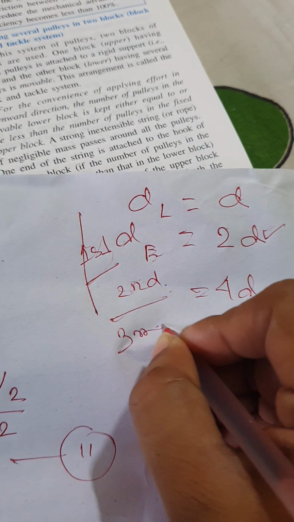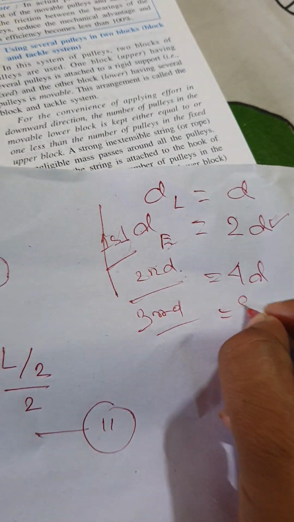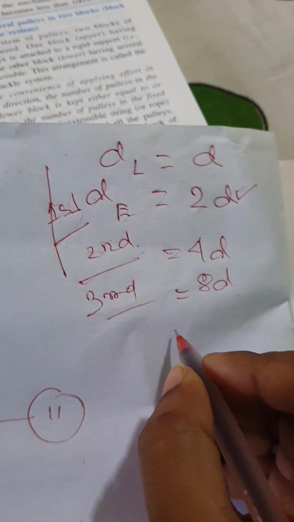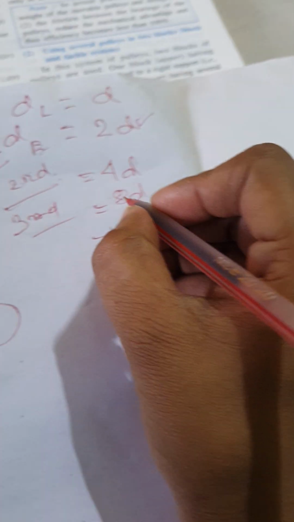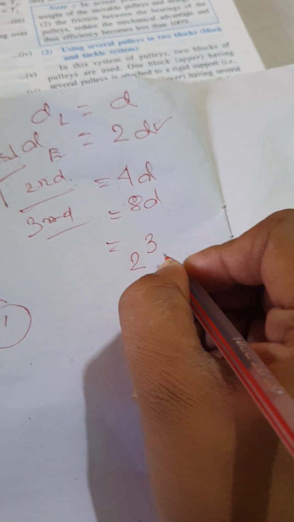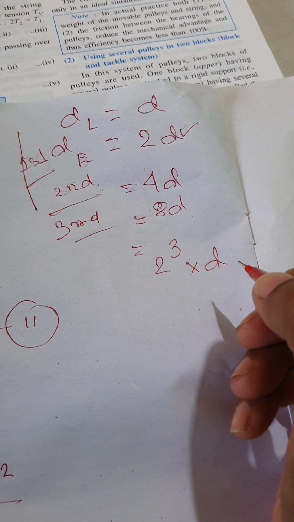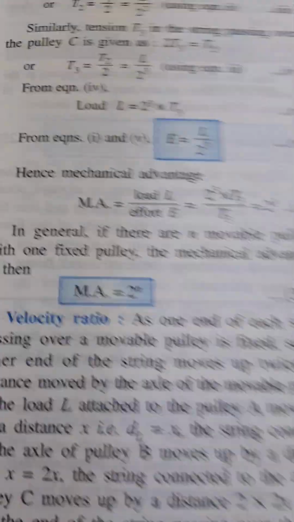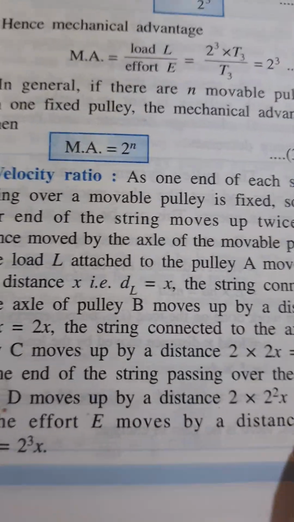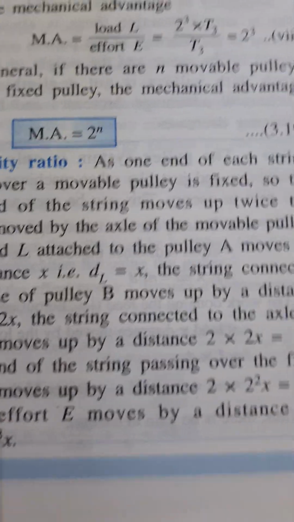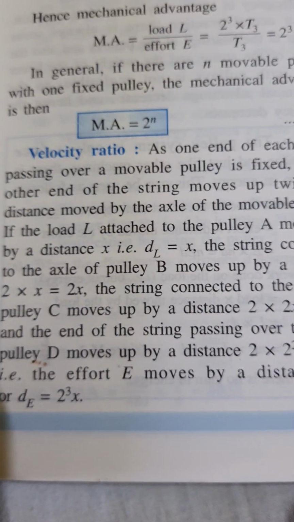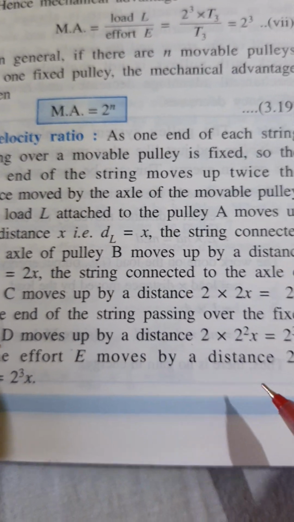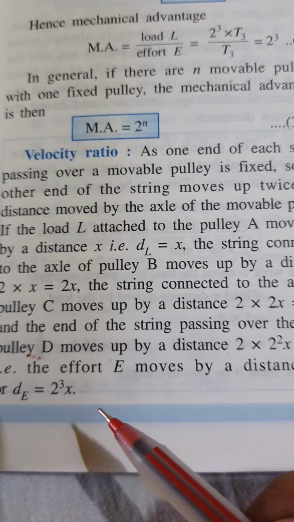Third movable pulley again 8d. 8 means 2 to the power 3 into d. In terms of x it is written 2 to the power 3x. So effort E moves the distance 2 to the power 3x.